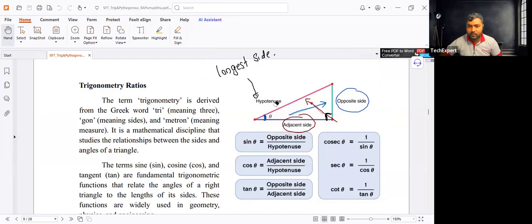Name this as the longest side, the hypotenuse. That is a constant thing. The longest side is always the hypotenuse.